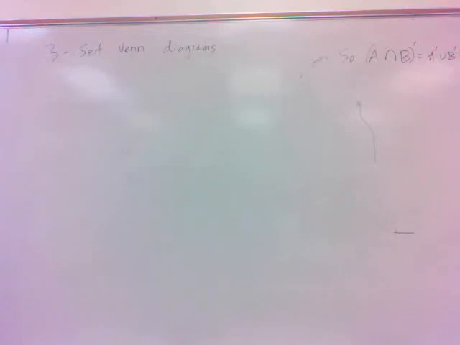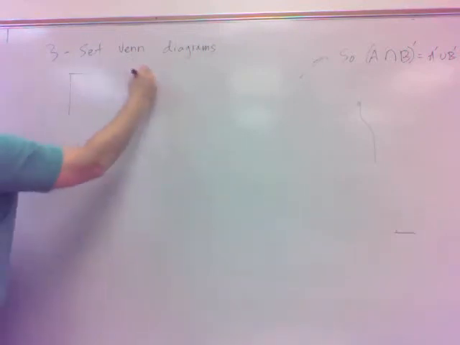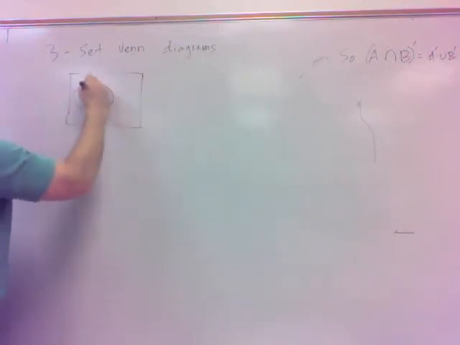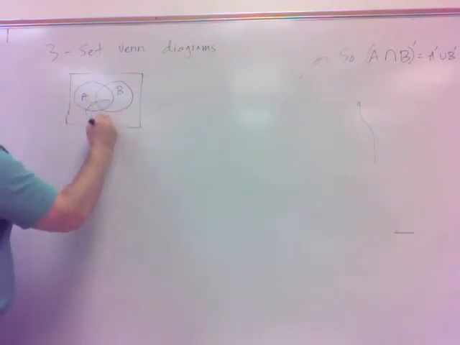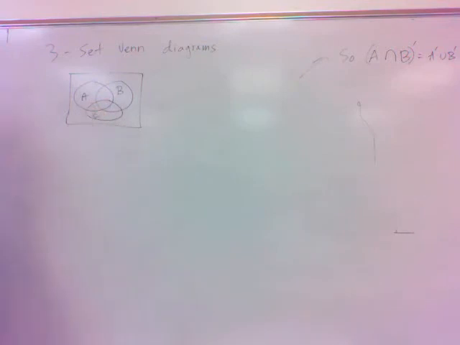So I've got an A. Got a B. But I've got a third set C. Well, couldn't C overlap A? Couldn't C overlap B? I'm going to have to draw C in here where it overlaps the others, and usually this is the way we do it.